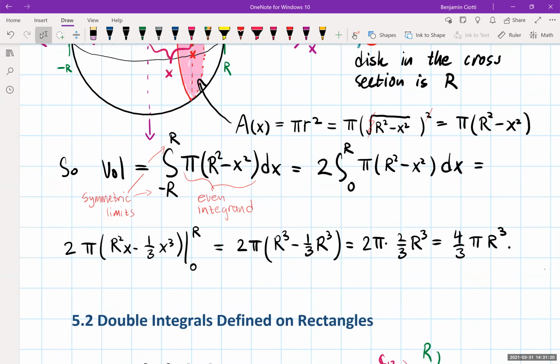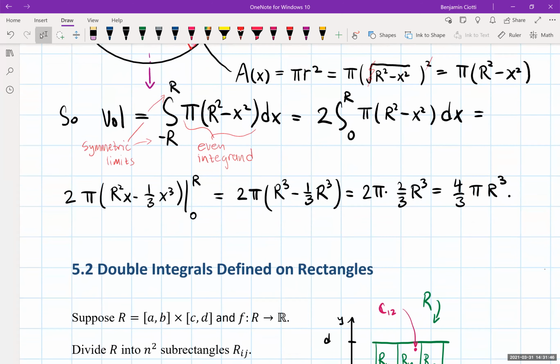For example, if the limits go from 0 to 2R, can we just use 2 times the integral from 0 to R? In special cases, you would need a function that is symmetric around a different point instead of symmetric around 0.